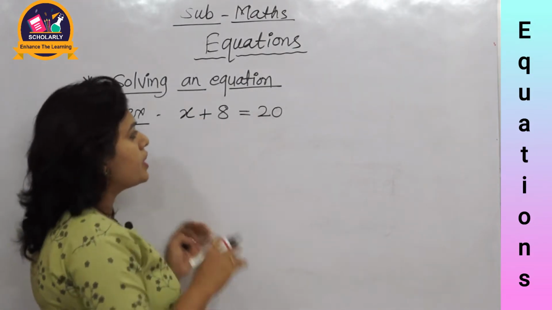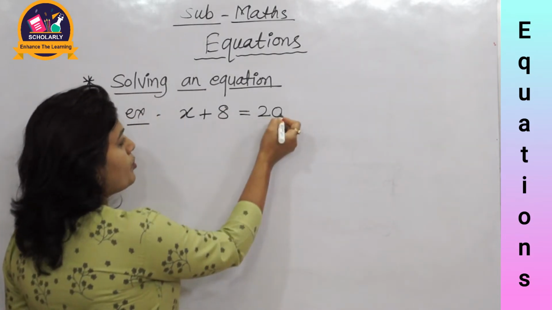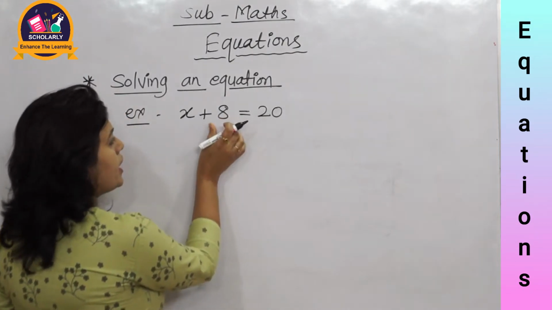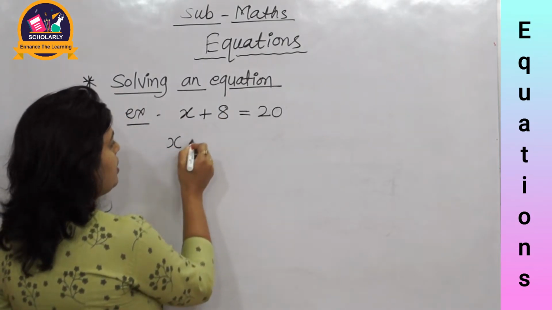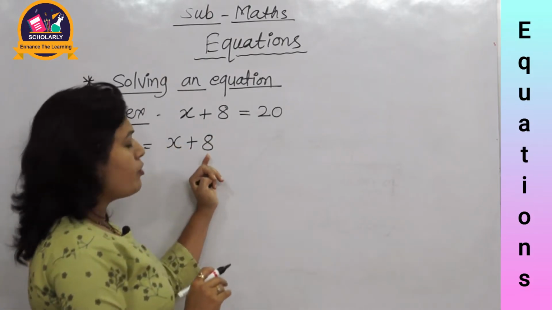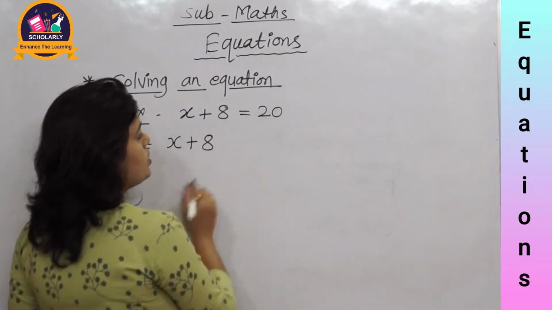That means there is a certain number which will form 20 by adding 8. We have to remove this 8 from this side. If we want to remove this 8, then remove this 8 from both sides of the equation.